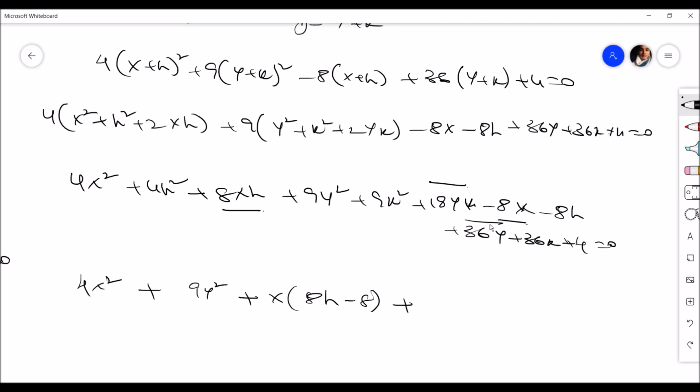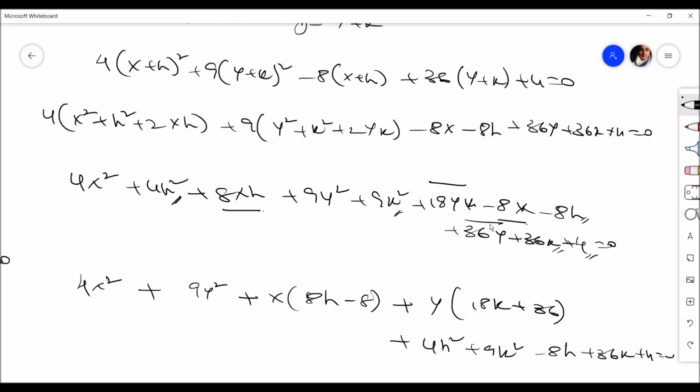That's another y term. So that will be y into 18k plus 36, plus all the constant terms. So 4h square, similarly 9k square, 8h, 36k and 4. These are all the constant terms. So 4h square plus 9k square minus 8h plus 36k plus 4 is equal to 0.